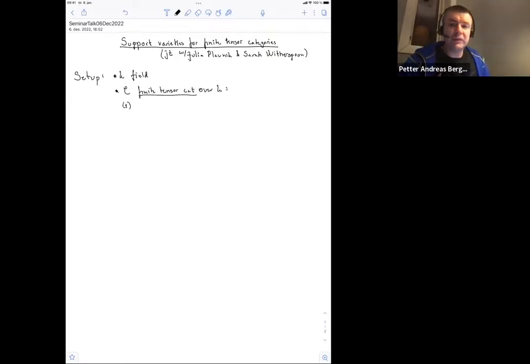So first of all, it means that the category is a K-linear abelian category with finite dimensional Hom spaces.